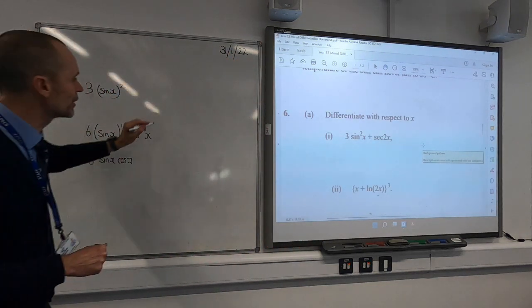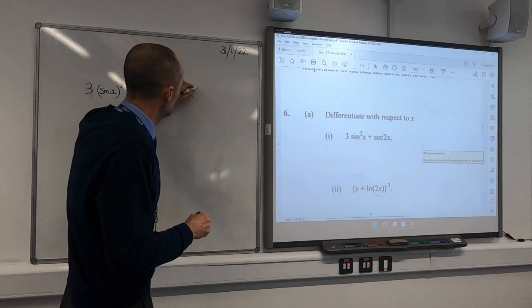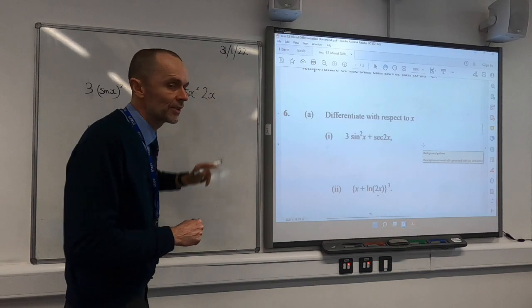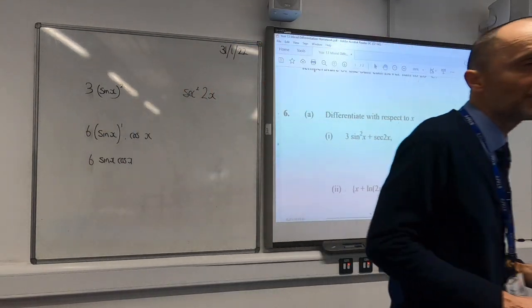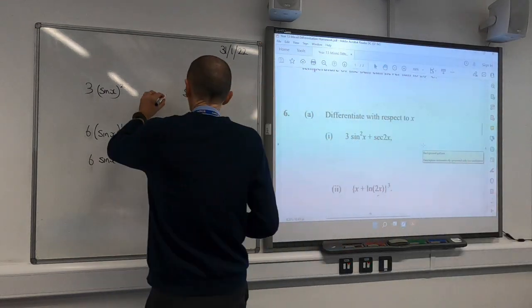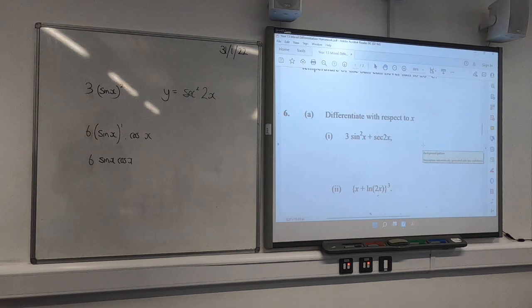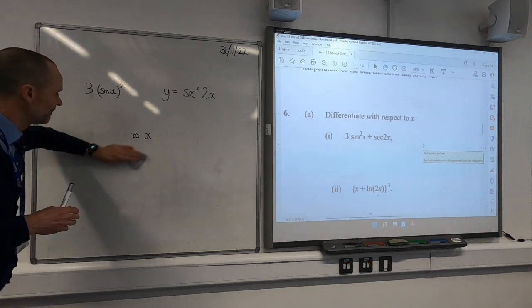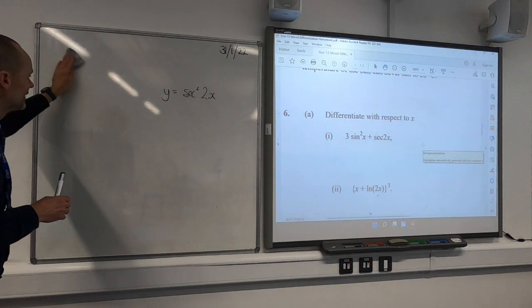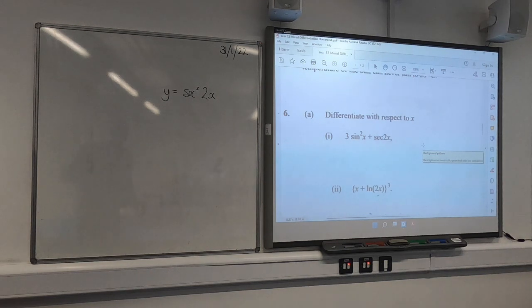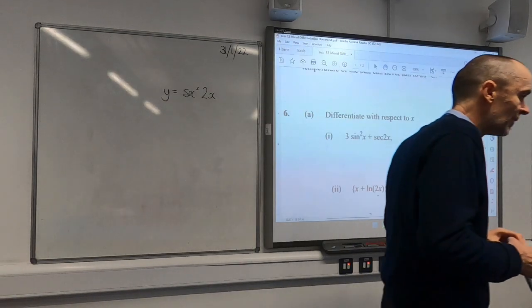So can I get you just to quickly differentiate for me sec squared 2x using a similar approach? Can you differentiate sec squared 2x, which wasn't in the homework, using a similar approach? I'm asking you to differentiate sec squared 2x as a further example of this. So you haven't got to write it as 1 over cos.